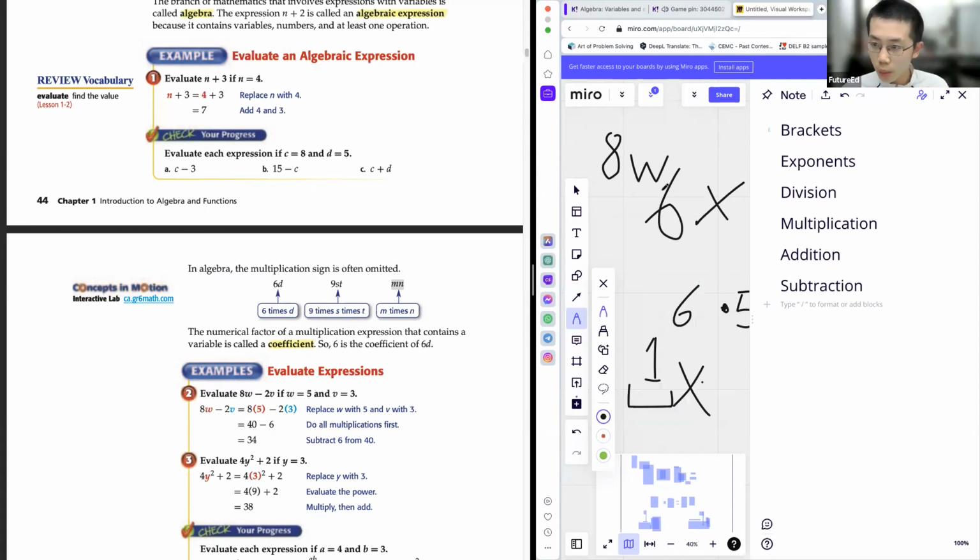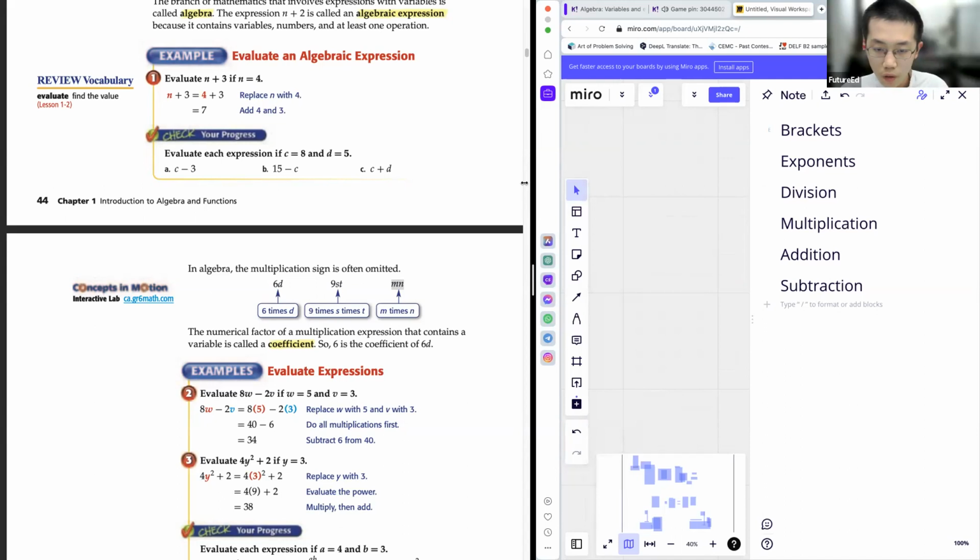So W, is it a number? The W is a letter, right? It's the variable of the expression. That means it can change. But 8, it's just a number. You know 8 is 8. So in this case, the coefficient would be 8.